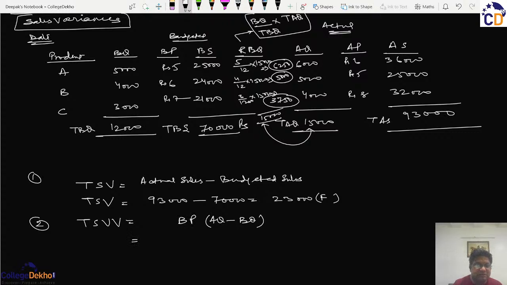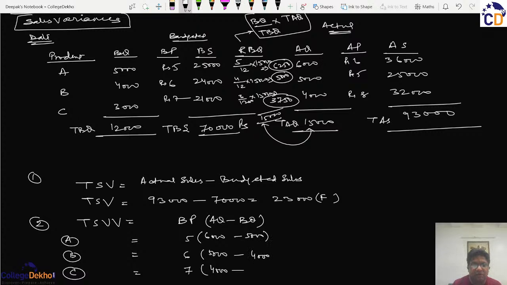The budgeted price will be calculated separately for product A, product B, and product C. The budgeted price was 5 for A, 6 for B, and 7 for C. The actual quantity will be 6,000, 5,000, 4,000, and the budgeted quantity will be 5,000, 4,000, and 3,000.